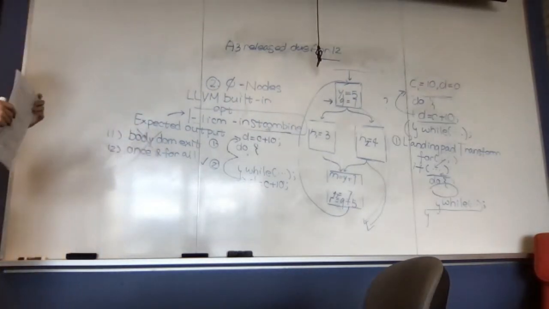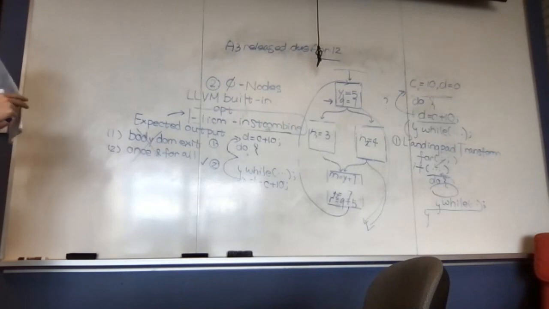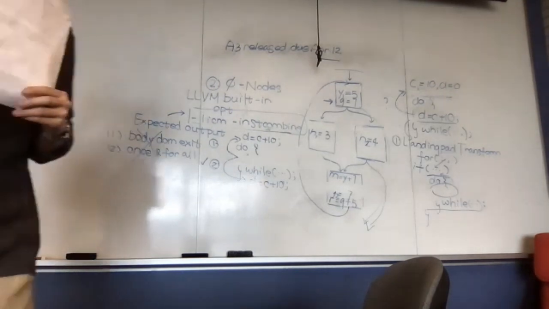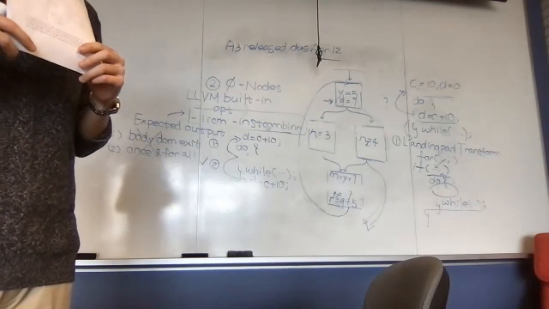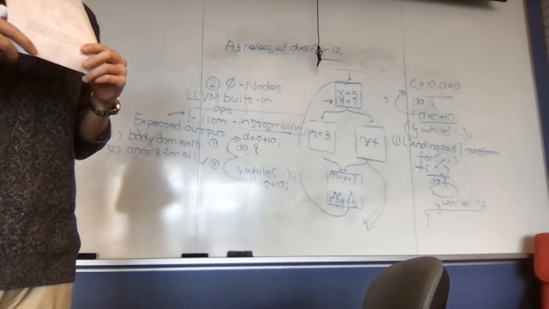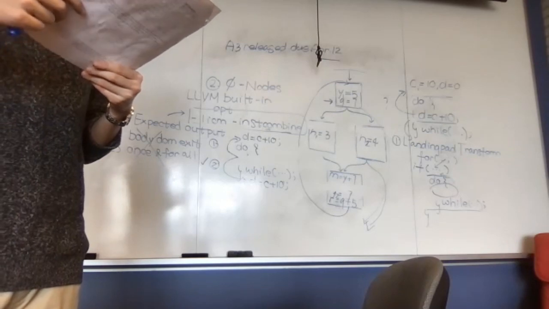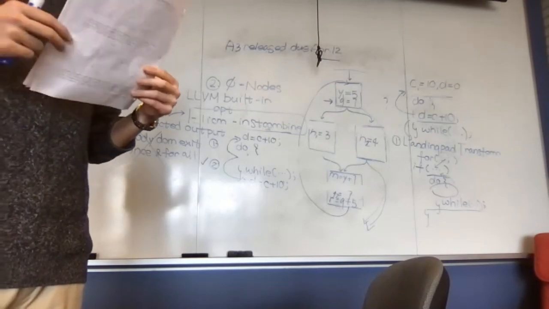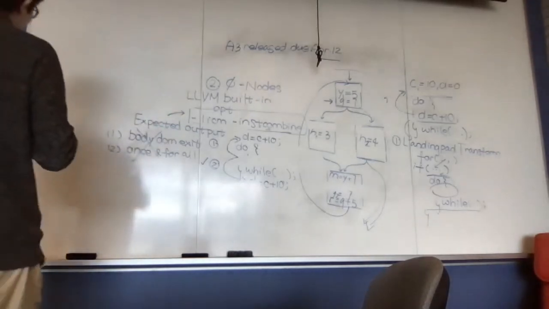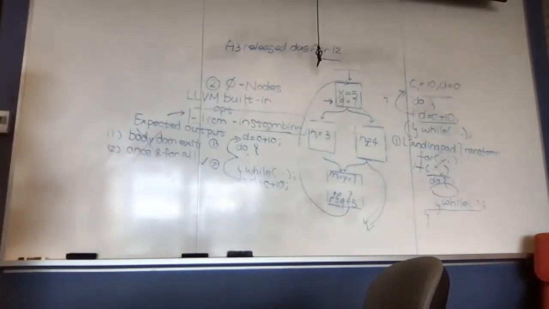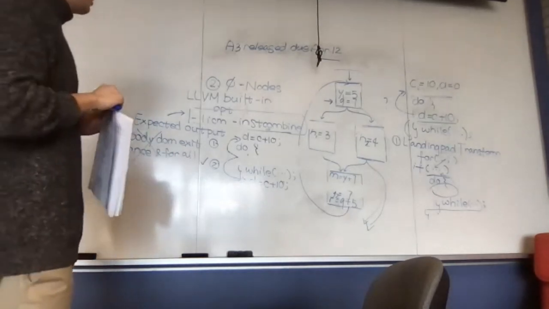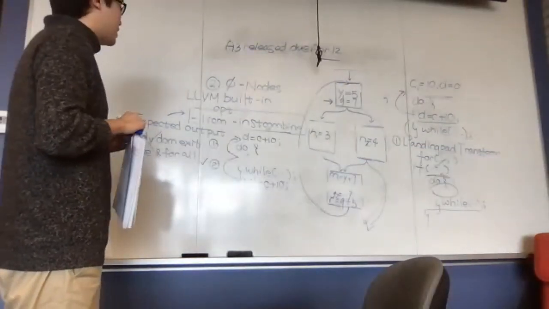Any other questions? If you have any questions, please make sure to always ask now, because you eventually need to deal with it as part of your assignment. Any other questions about either lazy code motion or register allocator, or anything related to what we have discussed today or assignment 3?